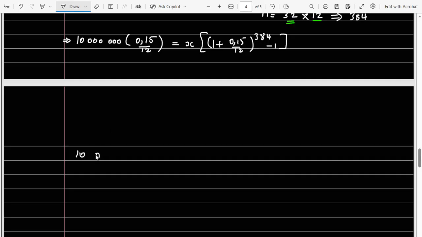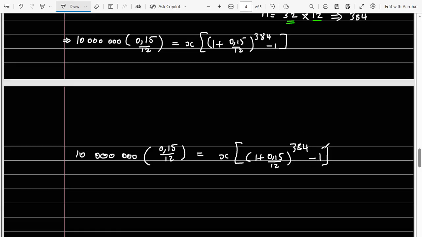It's 10 million multiplied by 0.15 over 12, and this is equal to X times 1 plus 0.15, everything divided by 12, to the power 384 minus 1.